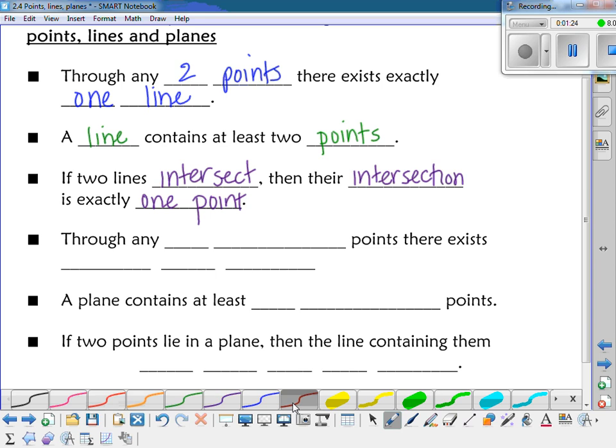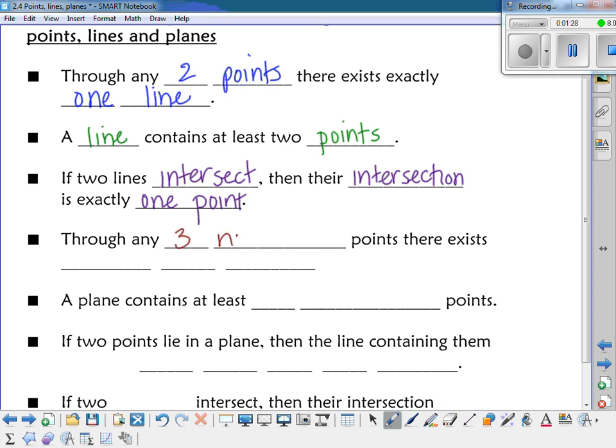Through any 3 non-collinear points, there exists exactly 1 plane.